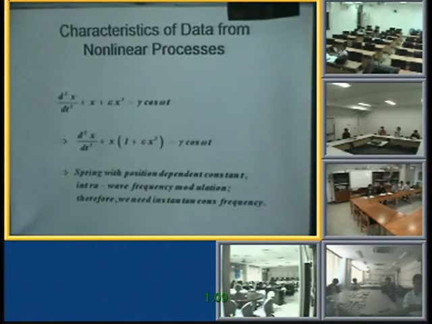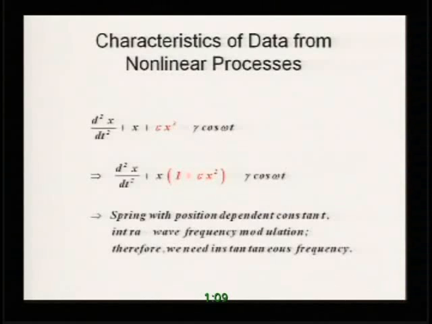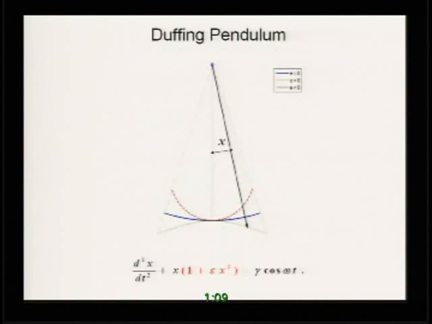As I said, I don't want to solve this equation, but I want to have the nearest analogy of this system. If epsilon equals 0, then I have a linear system. A linear system is a simple pendulum with a very small angle. For the simple pendulum, the frequency is constant.